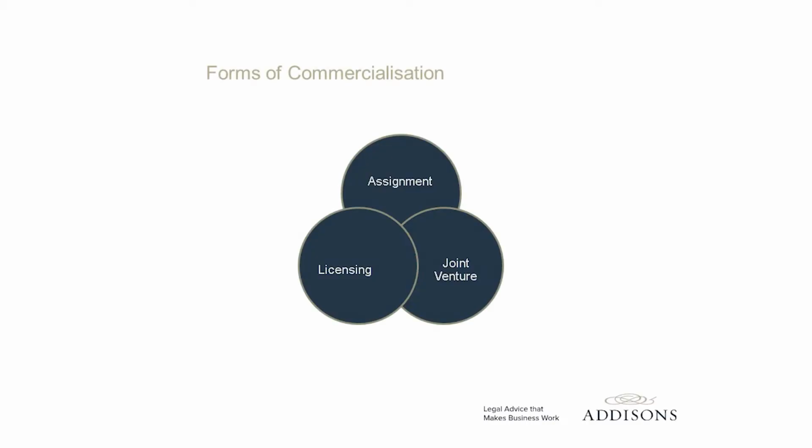So I think that should bring us nicely into the actual forms of commercialisation. Sure. So today we're going to talk about three main forms of commercialisation, and we're going to focus on assignments, licensing and joint ventures. And a commercialisation project can happen in a variety of ways. It could be that something's developed internally within the company. It could be that it's a startup technology company.